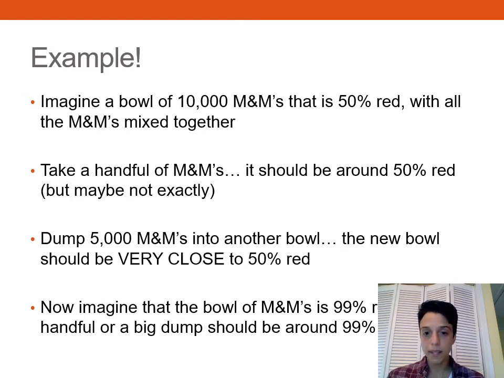It might be 100%, it might be a little less, but chances are that in this bowl of M&Ms that's almost completely red M&Ms, every sample you take is going to be pretty much full of red M&Ms. And so this is the idea that the more homogeneous your population is, or the more similar all the different members are to each other, the more likely it is that you're going to have a sample that's similar to the population.